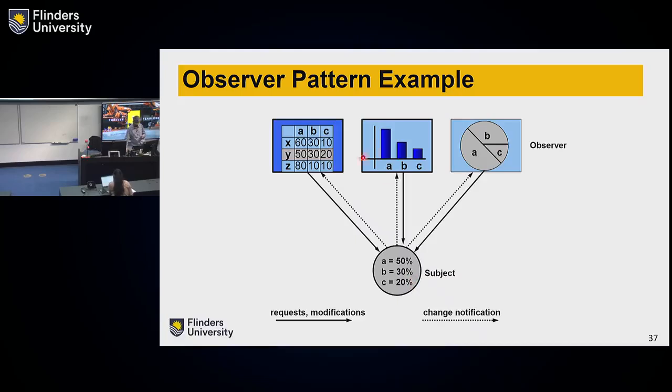These three observers are depicting the same information but in different views. It's the same information depicted as an Excel sheet here, as a graph here, and as a pie chart here. If one observer observes a change, then we need to notify the other views as well so that they can get updated.